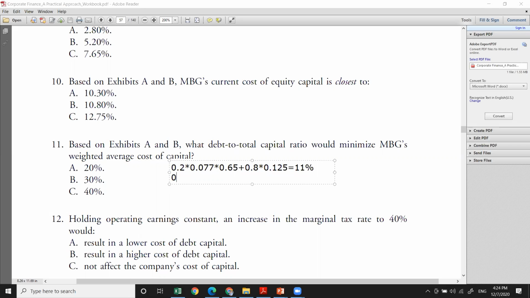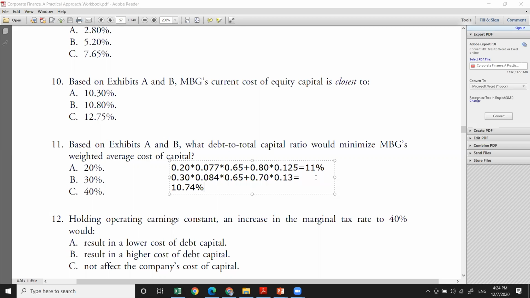Then the proportion of debt becomes 30%, with 8.4% cost of debt plus the cost of equity, and that should give us 10.74%.